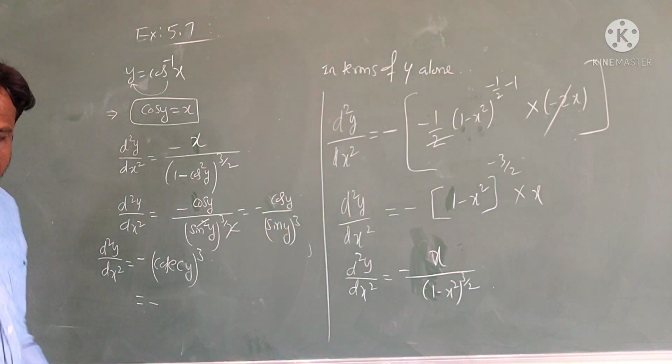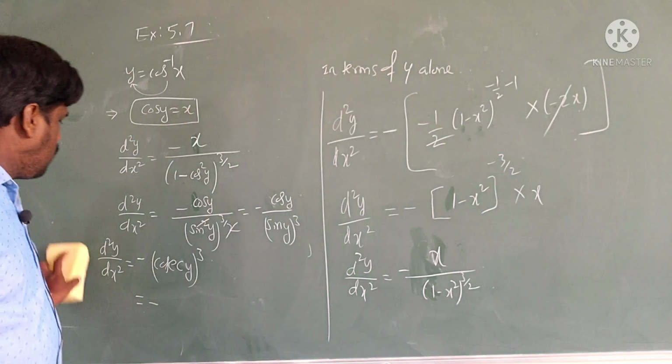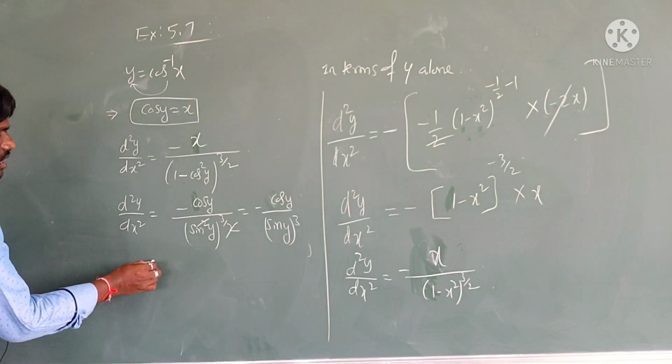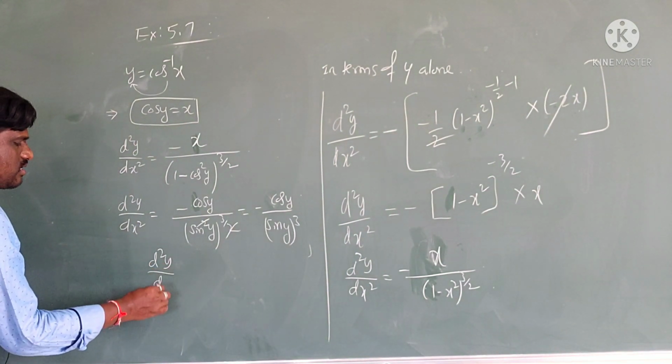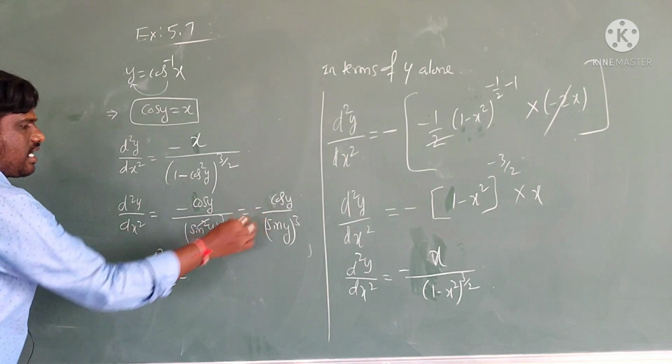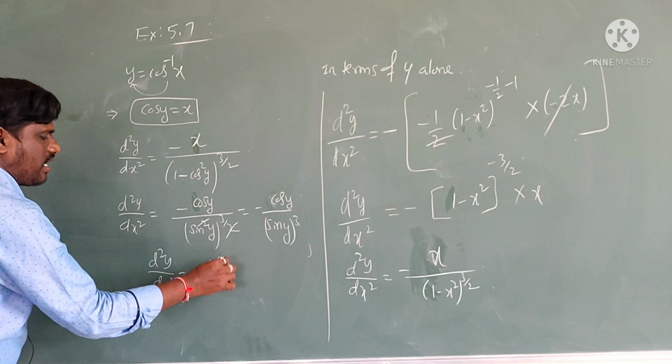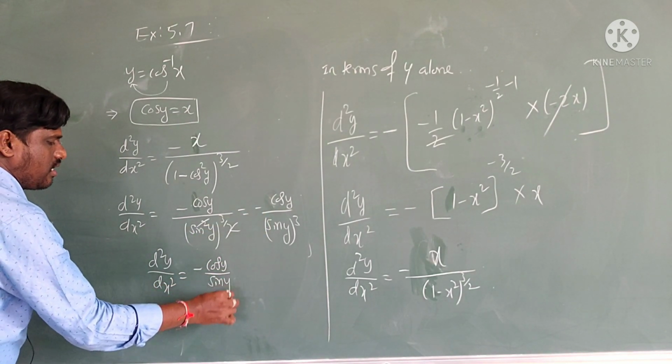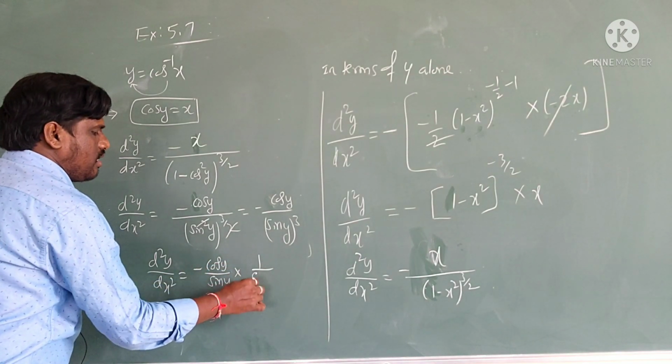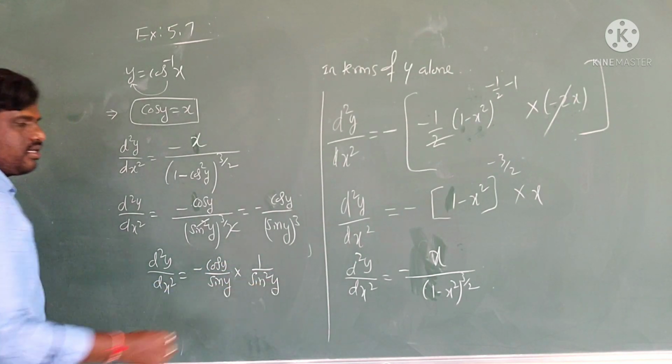So now I can change this one. Listen here. d2y by dx square is equal to minus cos y upon sine y into 1 upon sine square y.